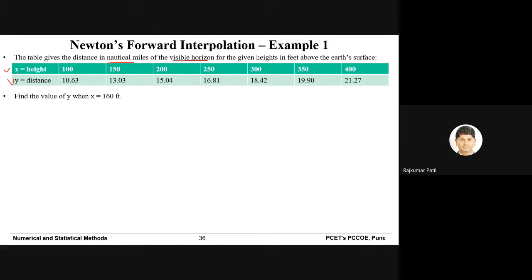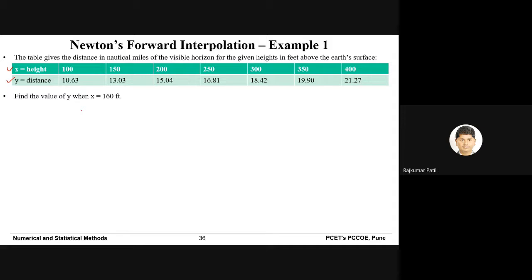So generally, as I told you in the previous class, you may get confused with the selection of method for interpolation. That's why you need to read the problem very carefully. So what is given here? The distance y is given to you, and height is also given to you. And the name of the method is not mentioned to you.